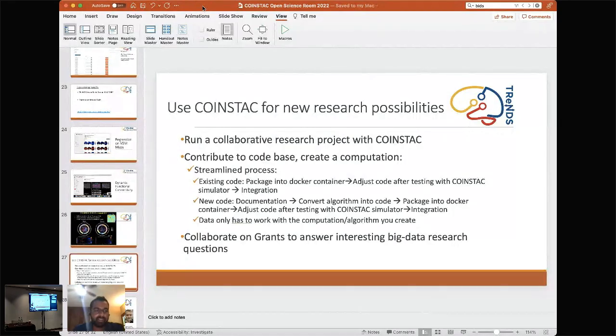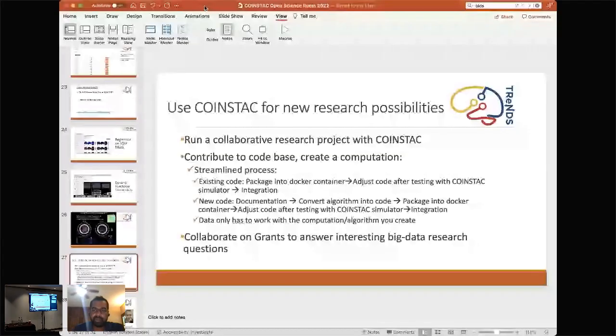The last point is, if we have any interesting big data research questions that other organizations want to collaborate with us on, we will be absolutely delighted to work on grants together and potentially answer some questions that were never possible before.